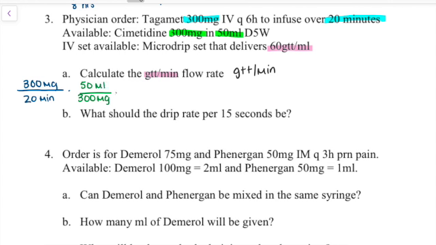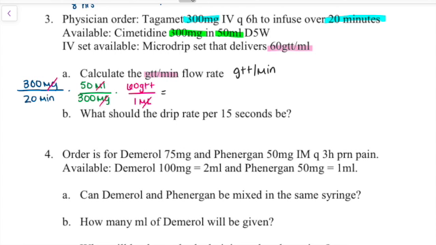Our drip set is 60 drops per mL. And now we figure out the math. So first let's cross cancel. So get rid of milligrams, get rid of mLs.